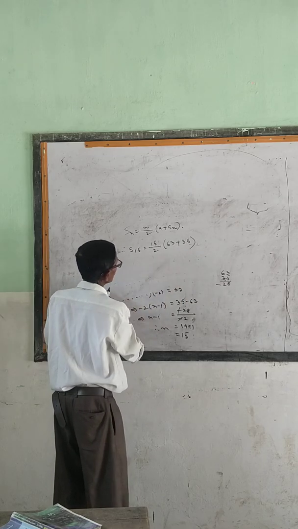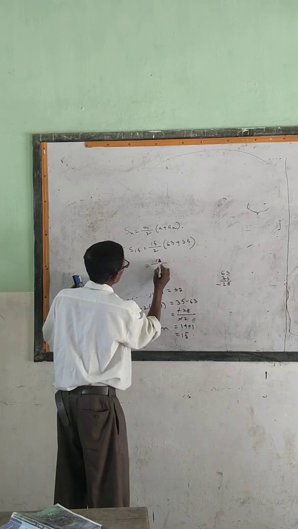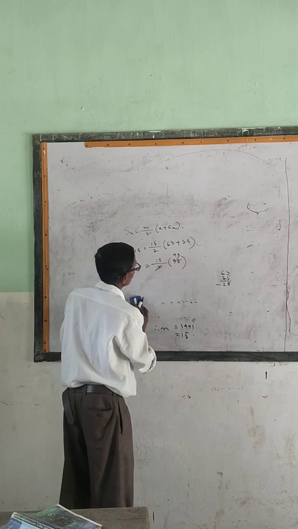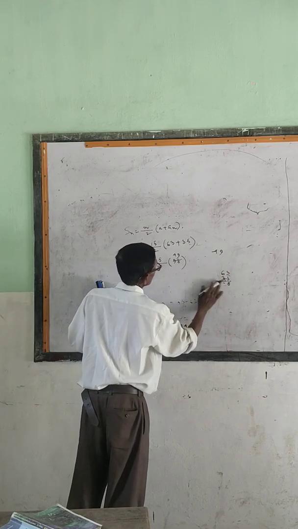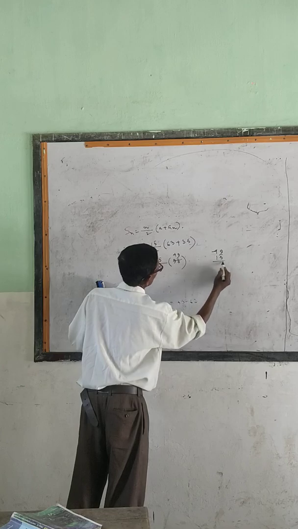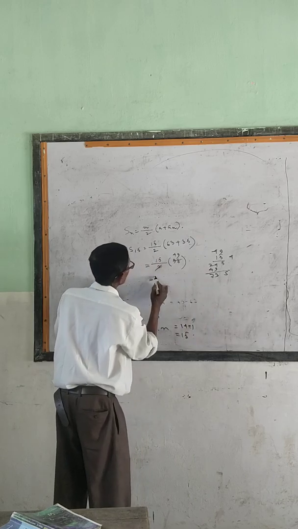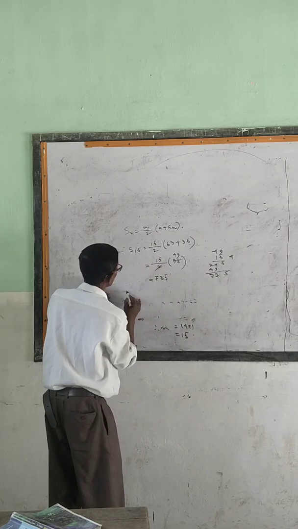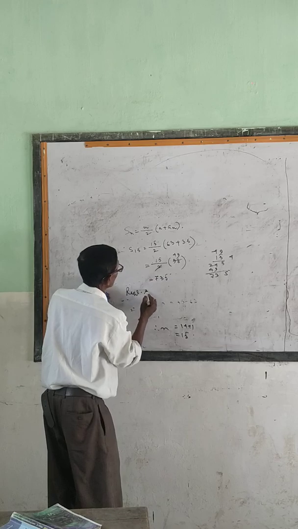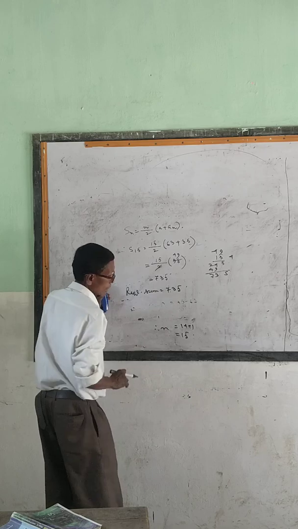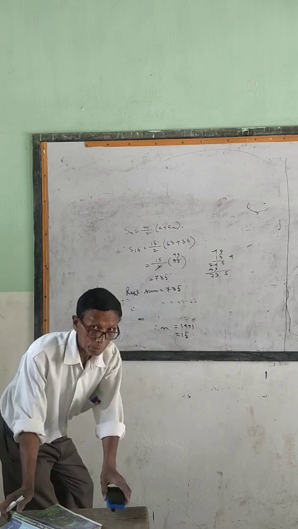So this is 15 by 2, this is 98, 49. So 49 into 15, 5 9s are 45, 4 carry, this is 49, 5 3s are 15, 735. So the required sum equal to 735.